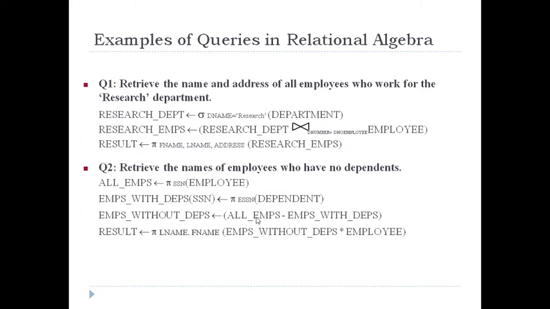Now if I take the difference, then I'll get the SSN of employees who have no dependents. Now I have the SSN of employees who have no dependents, but what is asked? Names of employees. So I have to take the natural join with employee and then fetch L name and F name.